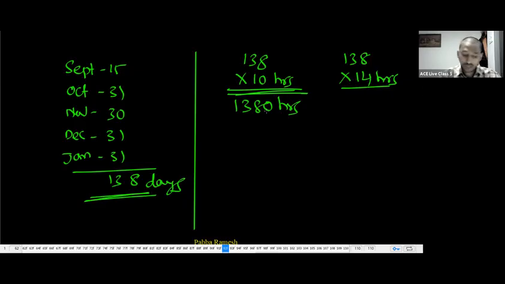You may be asking, sir, 10 hours only for GATE? Yes, only for GATE, other than your college work. Sir, in this 10 hours, will the 3-4 hour class be included? Yes, those 3-4 hours of class are included in this.